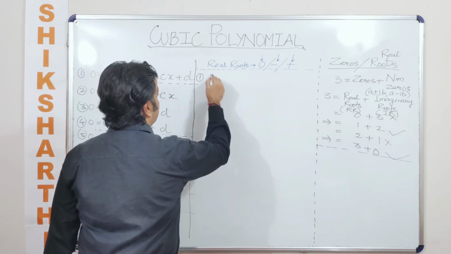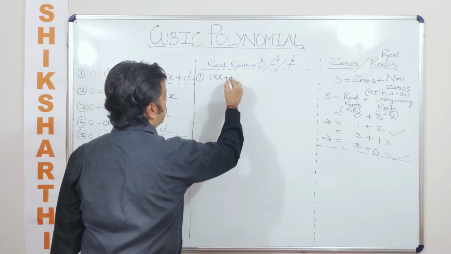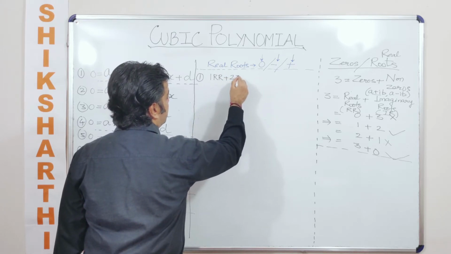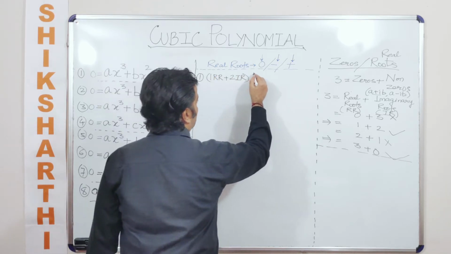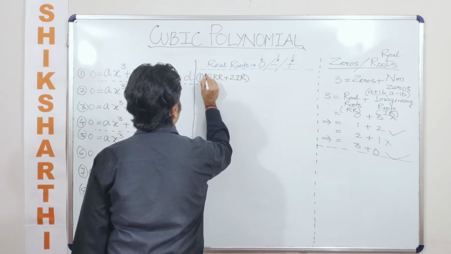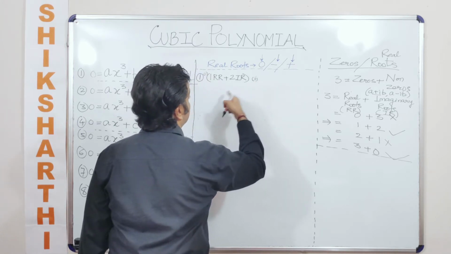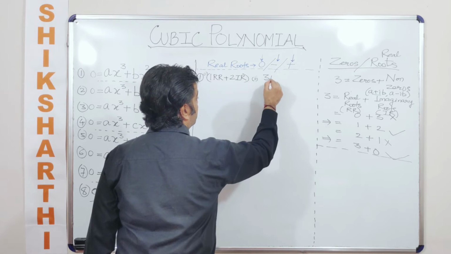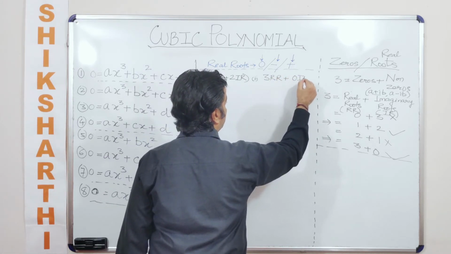So in this case, either I can have one RR along with 2 IR, and so let's say this is the first case that I can use here, and the second case here is 3 RR and 0 IR. So 3 real roots and no imaginary root.